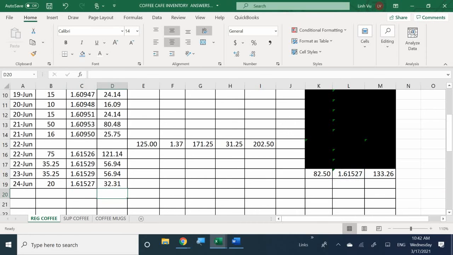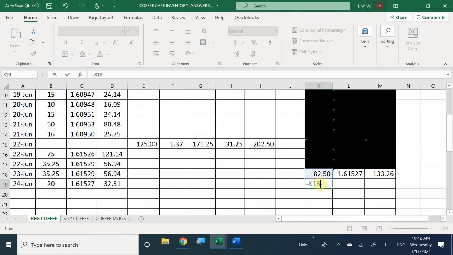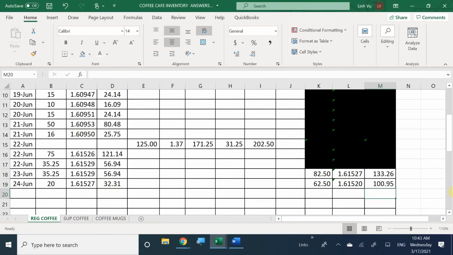Yes, $32.31. So let's update my inventory real quick. I have $62.50 left. Okay, what's my total cost now? $100.95. $195.